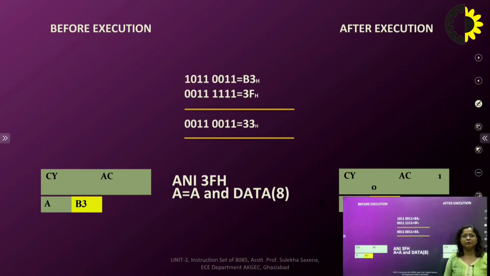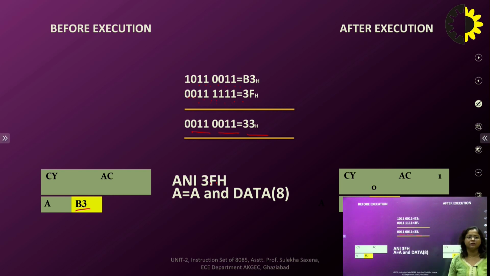So let us perform ANI 3F. Before execution, let the accumulator contain B3. So B means 11, that is 1011, 3 that is 0011, and 3F is 0011 1111. When we perform the AND operation, it becomes 0011 0011, that is 33.